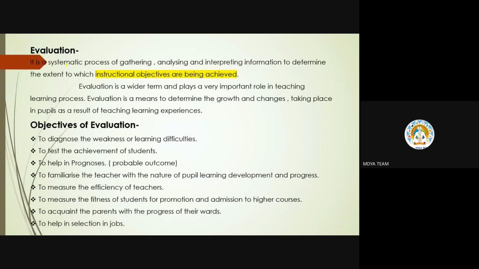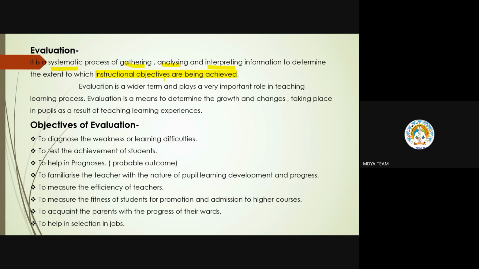It is a systematic process of gathering, analyzing, and interpreting information to determine the extent to which instructional objectives are being achieved, to the level to which the predetermined goals are being achieved.